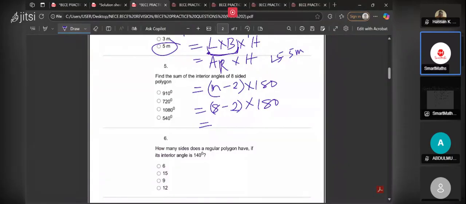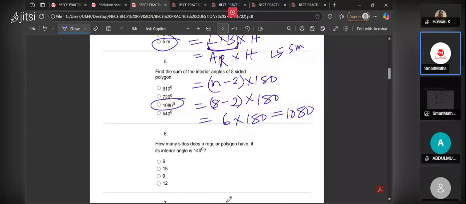That's going to give us 6 times 180. And 6 times 180 is what? That is 1080, 1080 degrees, which is this one.